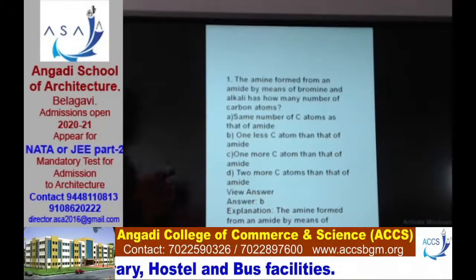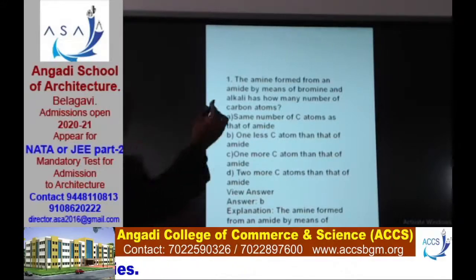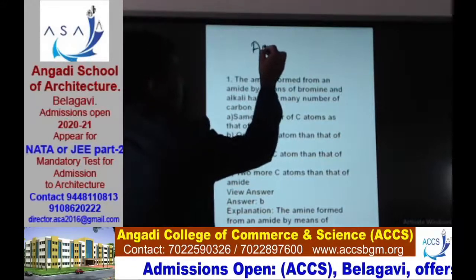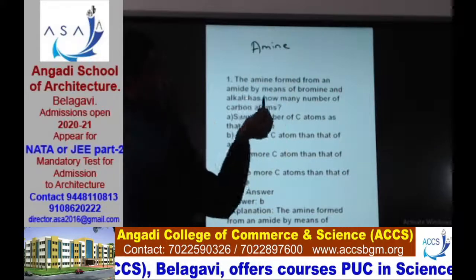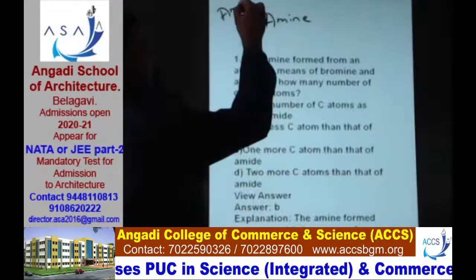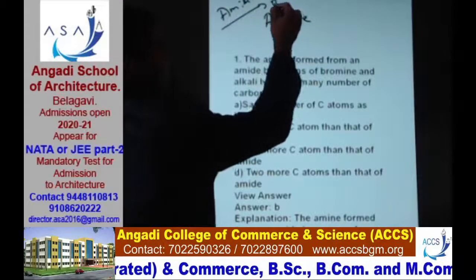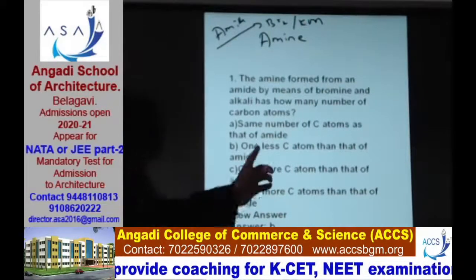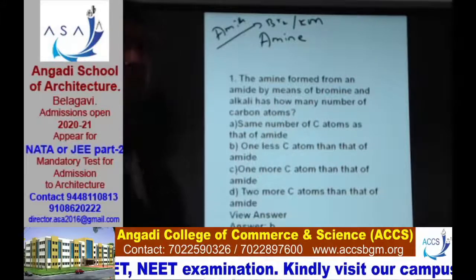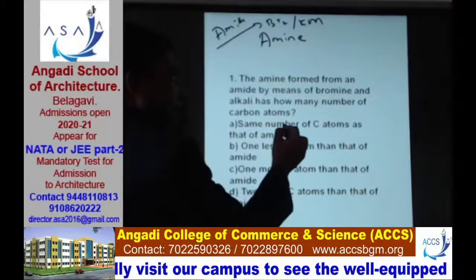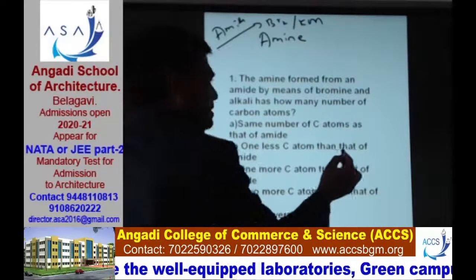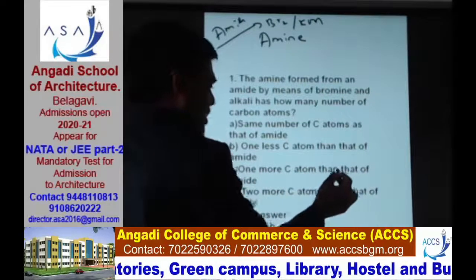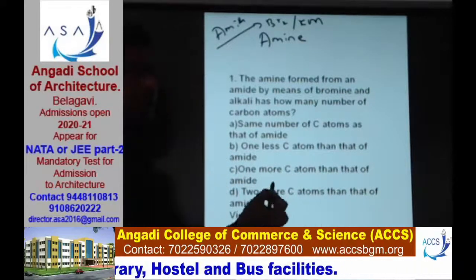See, first understand the question, what he is telling. You have to take the amine formed from the amide by using Br2 and KOH, that is bromine in alcoholic KOH. How many carbon atoms will be found? Same number, one less carbon, one more carbon, or two more carbon than the amide?